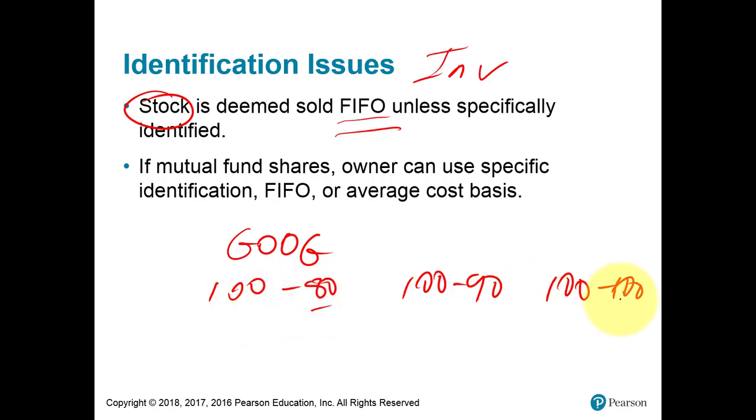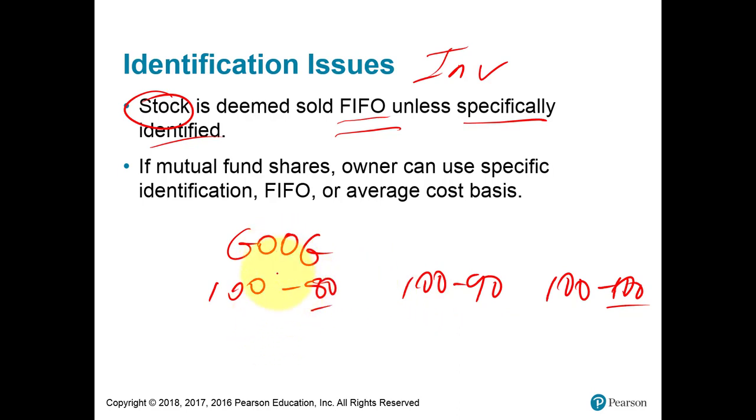Now, if you sell all 300 one time, no problem. You get to deduct all of these costs. And if you can use a specific identification, if you want to reduce your gain, you say, I sold over here. But you've got to tell your broker it's coming out of this lot here versus this lot and this lot.